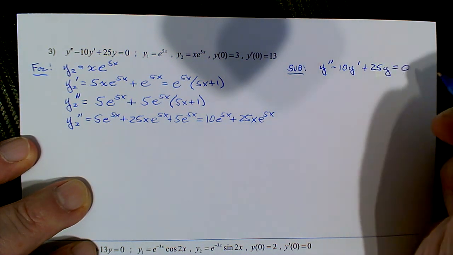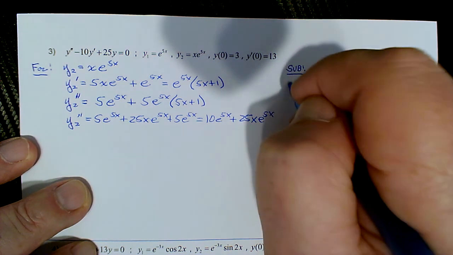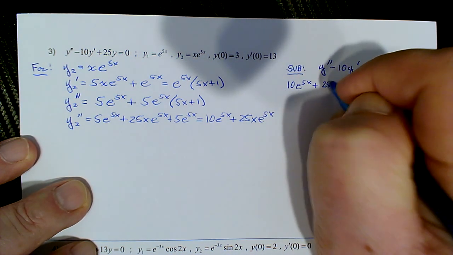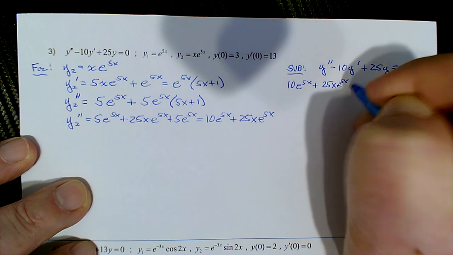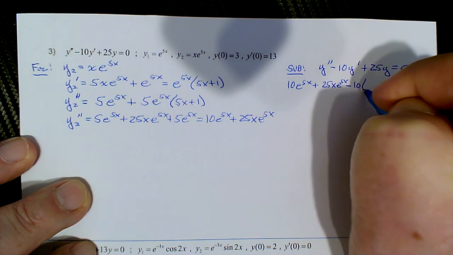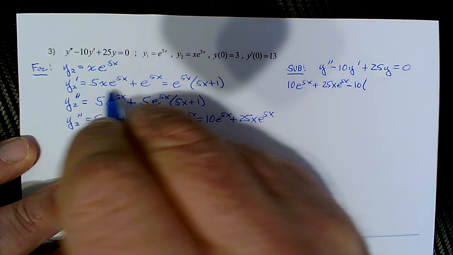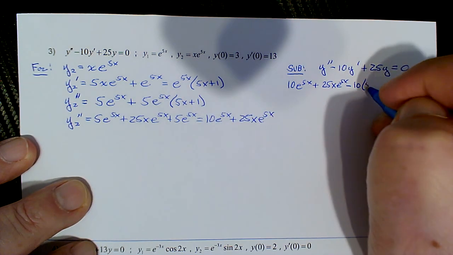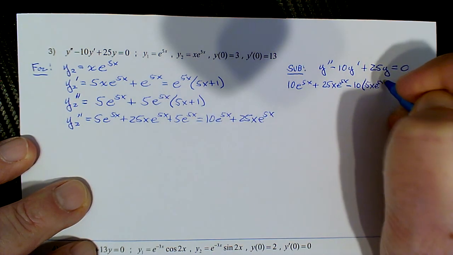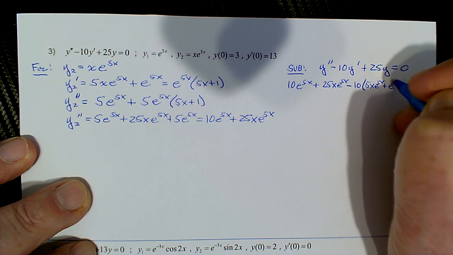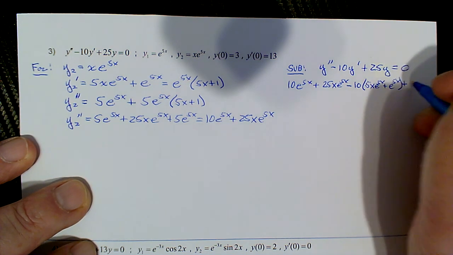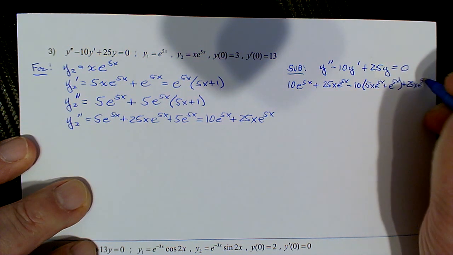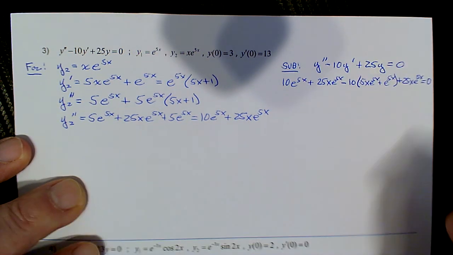So that's going to be 10e to the 5x plus 25x e to the 5x, and then minus 10 times, let's use the unfactored form here, 5x e to the 5x plus e to the 5x, and then plus 25 times y, which was x e to the 5x. That has to equal 0.